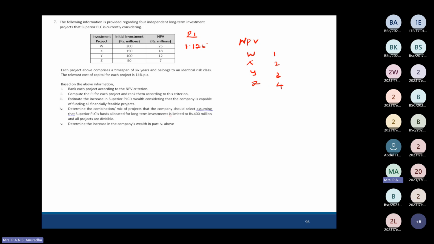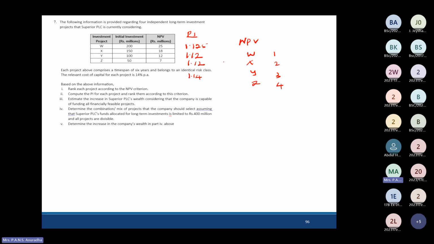For project X, that is 1.12. For project Y, 1.12 again. Project Z, 1.14.